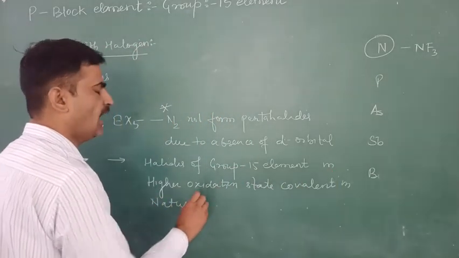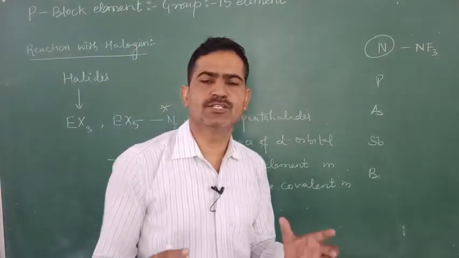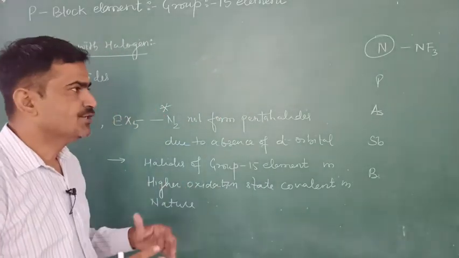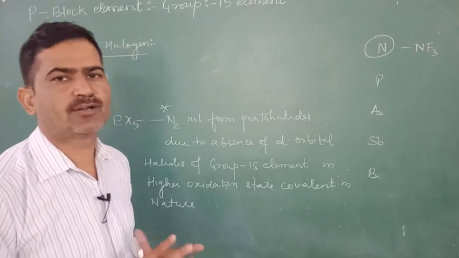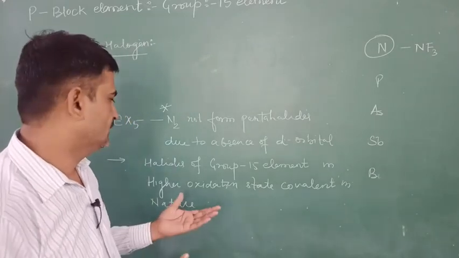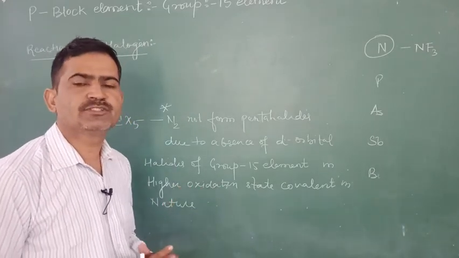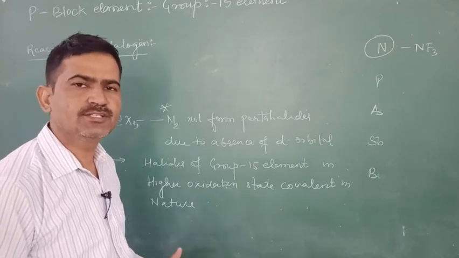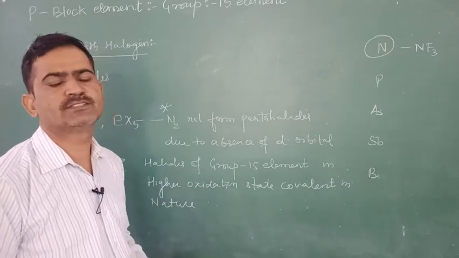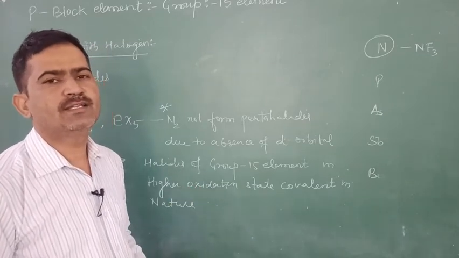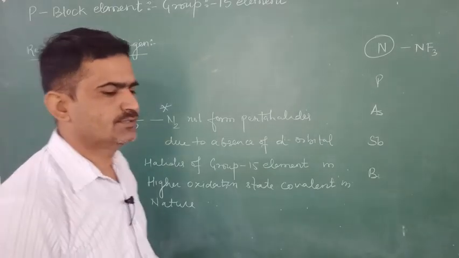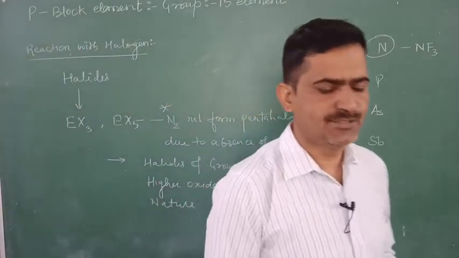Because the higher oxidation state can be achieved only by sharing of electrons. That's why the halides in the higher oxidation states are covalent in nature, and the halides in the lower oxidation states are ionic in nature. This is all about their halides.